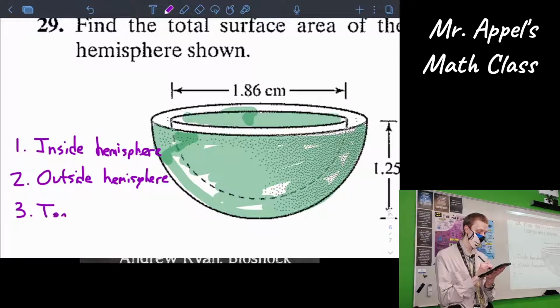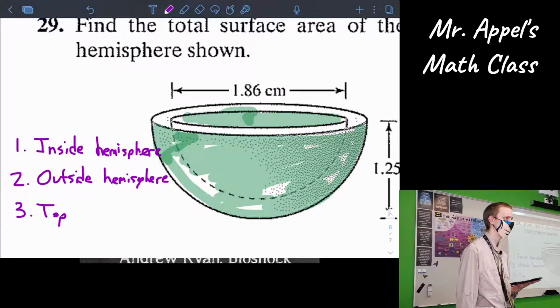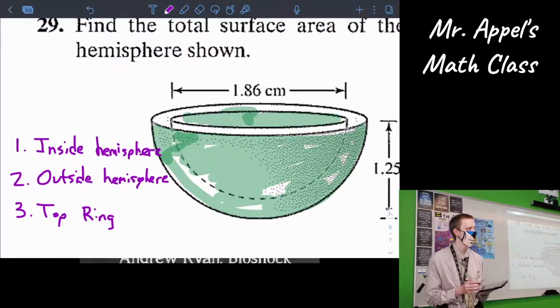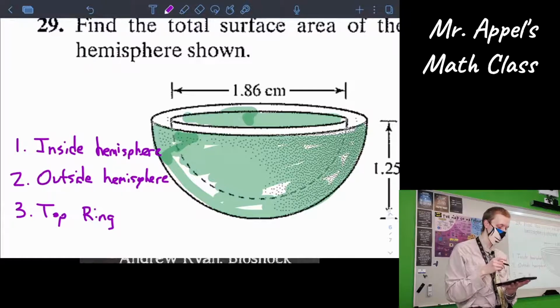I'll just call it the top side. Don't overcomplicate it. But that is a ring, right? If I looked at this from above, right, top-down view.